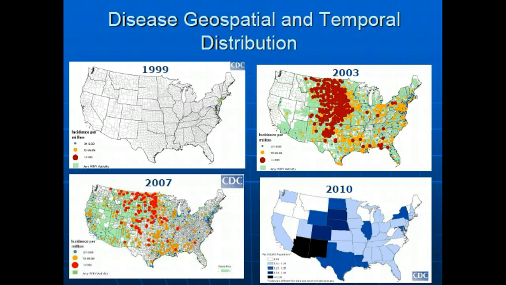Initiated in 1999 in Queens, New York, it then spread in 2003, where the highest population density cluster is in the central portion of the United States. Density distribution, as shown in the 2003 and 2007 maps, is shown by dot density clusters, whereas the 2010 map shows incidence of occurrence of West Nile virus using a graduated colors map.